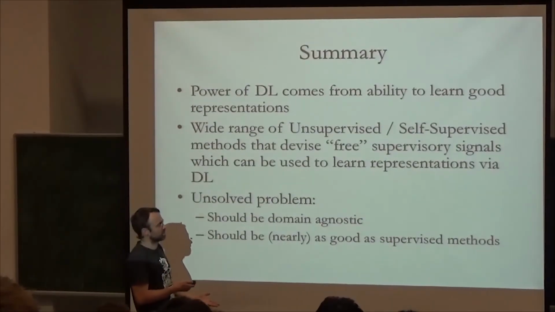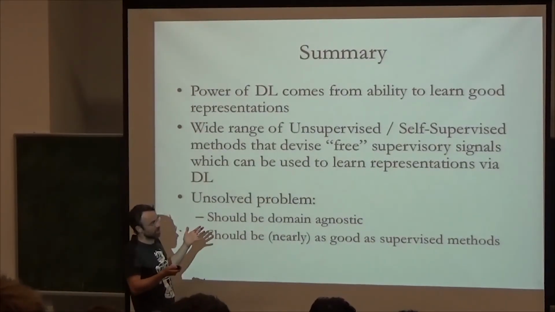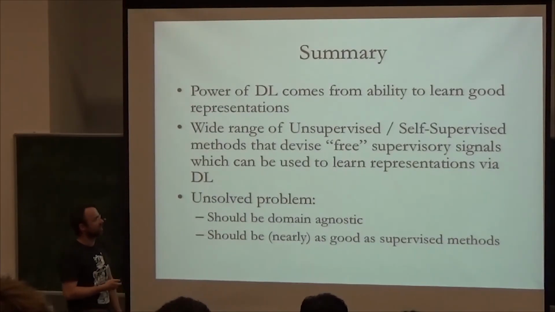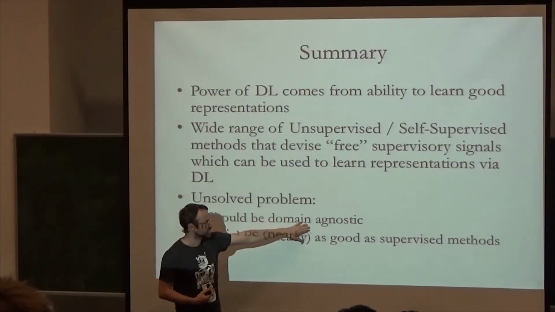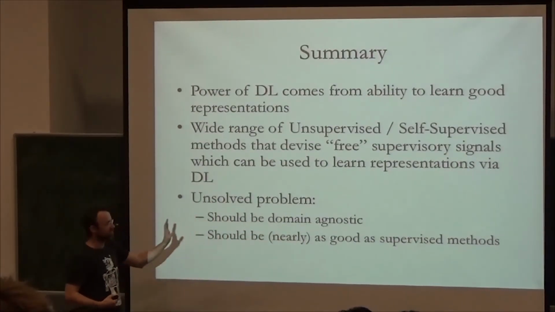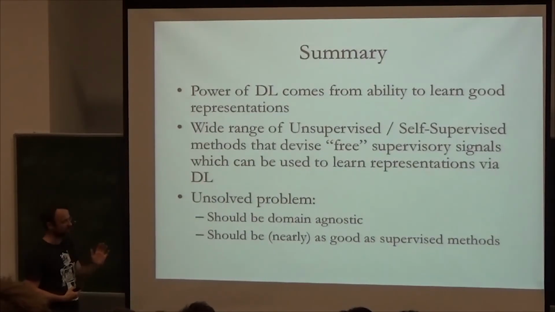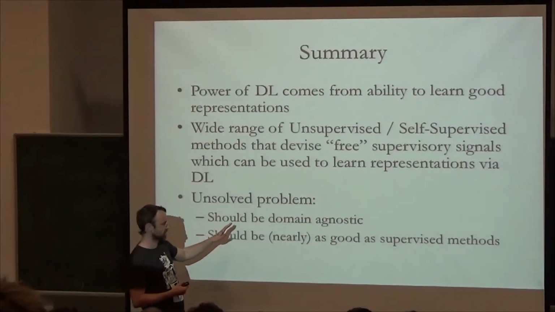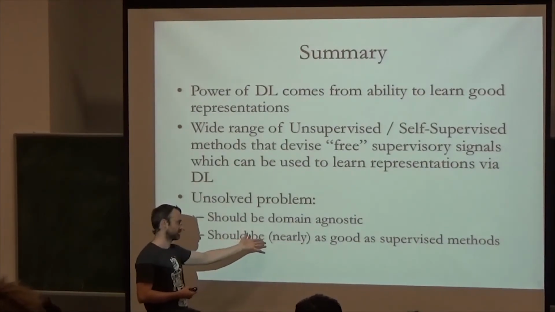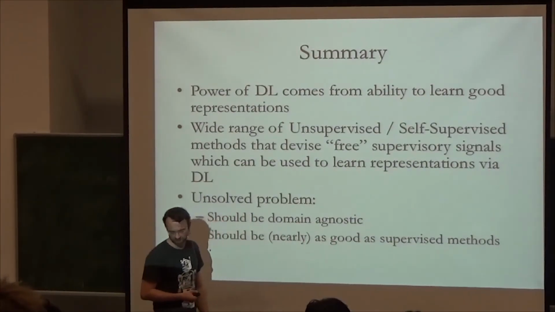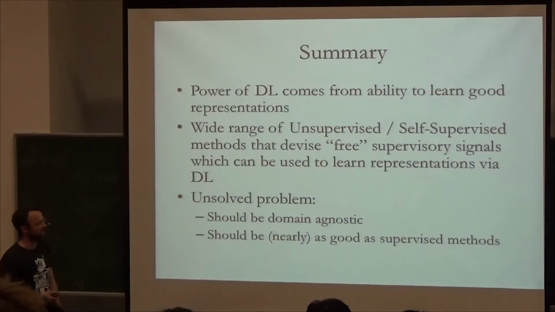And so inevitably, the representations they learn do quite well at those things when they fine-tune with them. But ideally, you would want some very domain agnostic approach to doing this. Most of these approaches, apart from that last one presented, are tied basically to a domain. And ideally, they would be almost as good as supervised approaches.